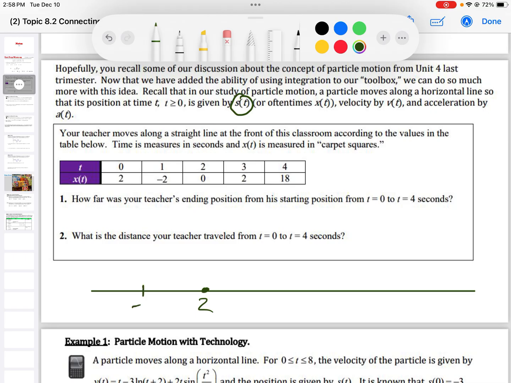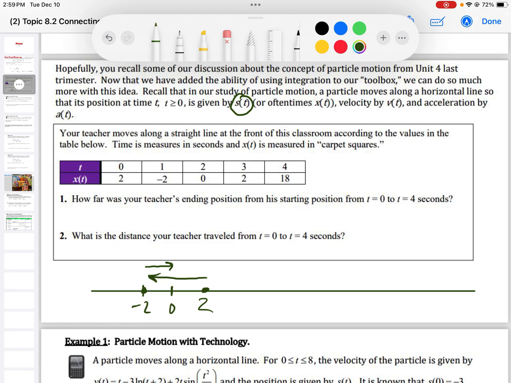at 2. All right, and then after 1 second, now the position is at -2. So it started at 2, walked to the left, now it's at -2, and then at the next second, it's at 0. So it starts at 2, then goes to -2, then goes to 0.